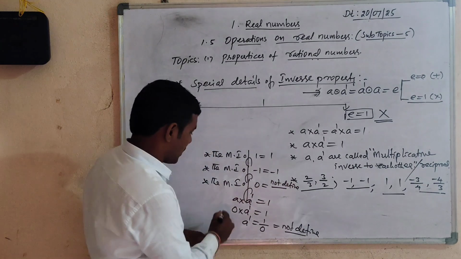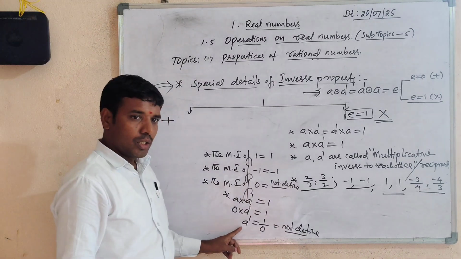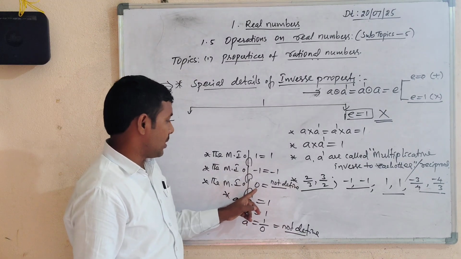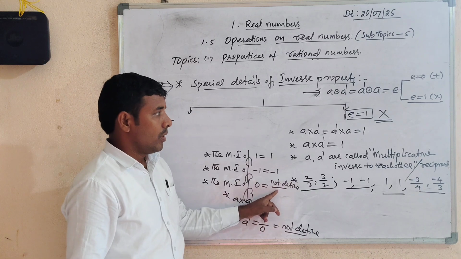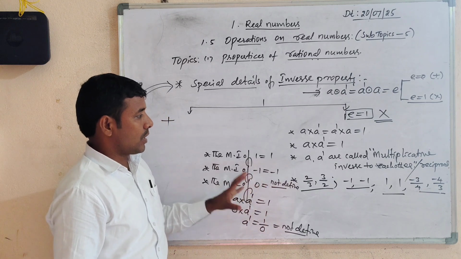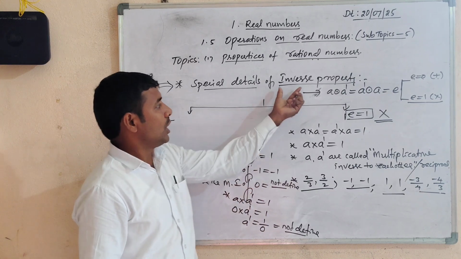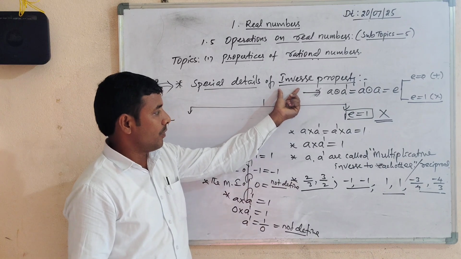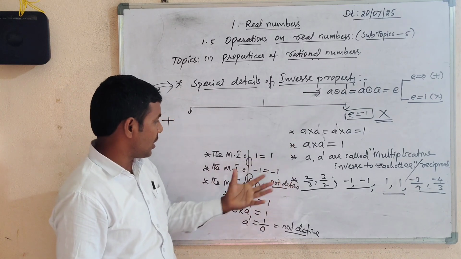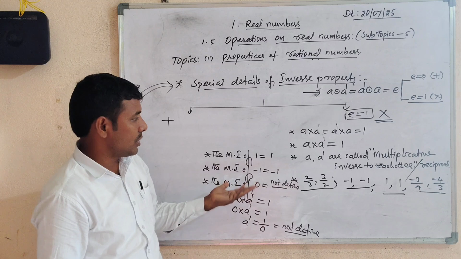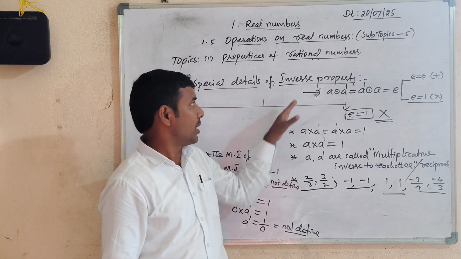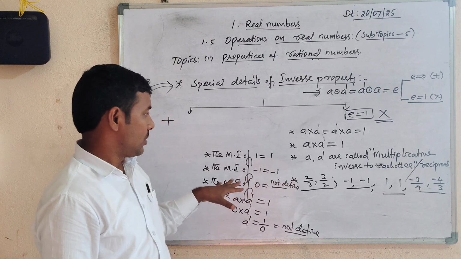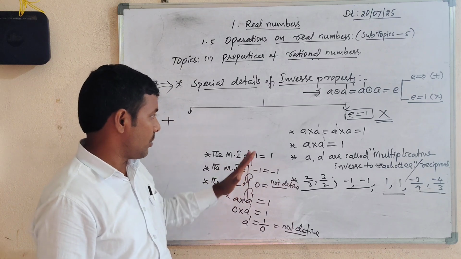This is the small reason why. These are special details about the inverse property, because many questions in competitive exams come from this topic. I think you got it very clear.